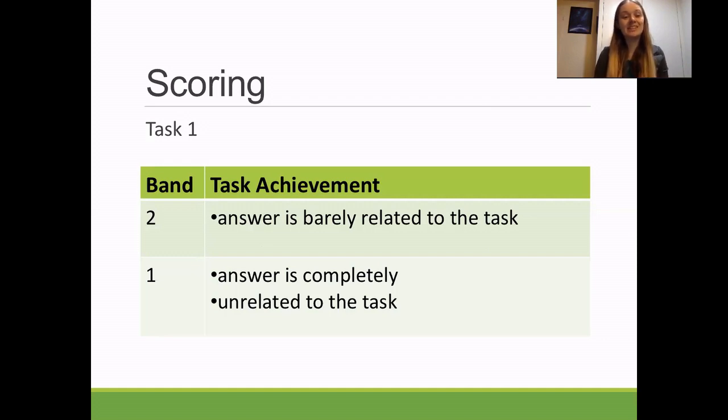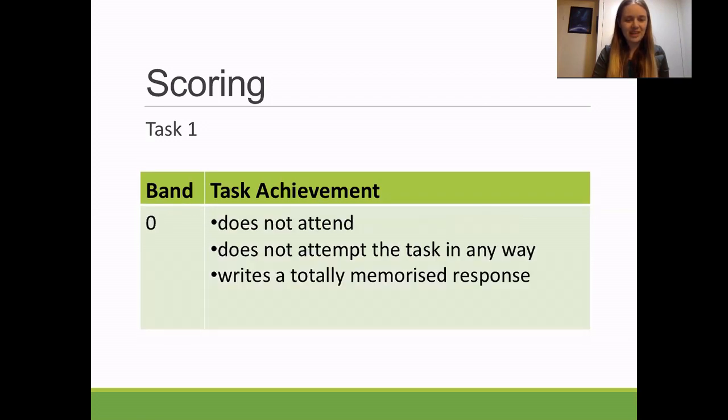So I doubt that you will get a score of 1 on the test. And then for a 0, you would have to not attend or not give an answer or write a totally memorized response, which seems fairly impossible to do because you don't know what the question will be, but you're using memorized sentences and you're not answering the question.